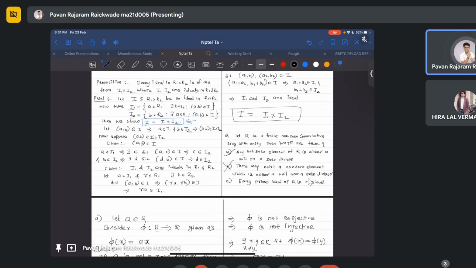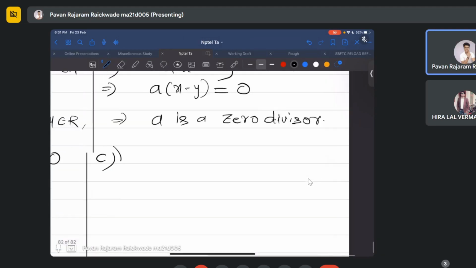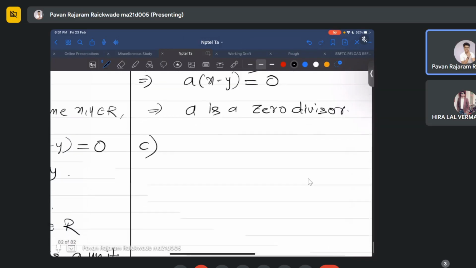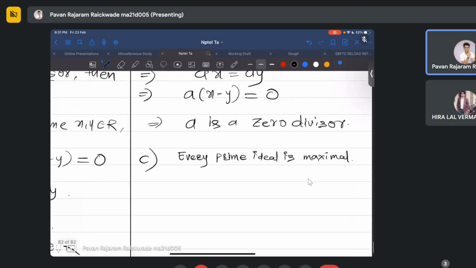Option C: we have to show that every prime ideal is maximal. In any finite commutative ring with unity, every prime ideal will be maximal. How do you show that?